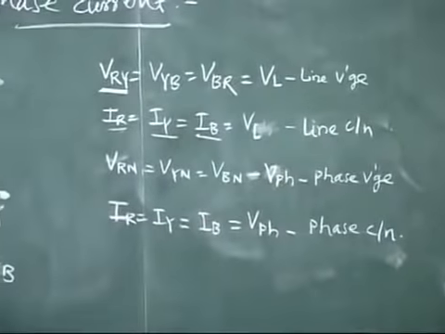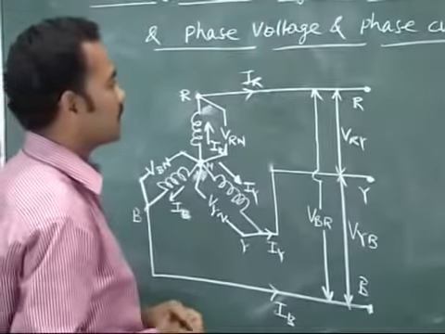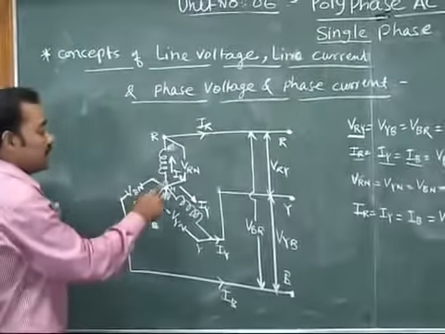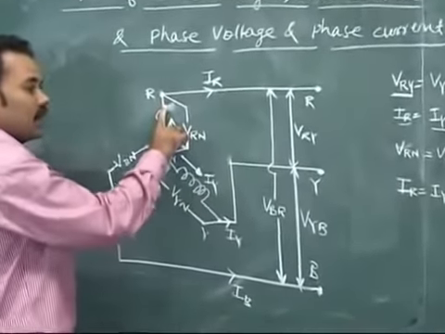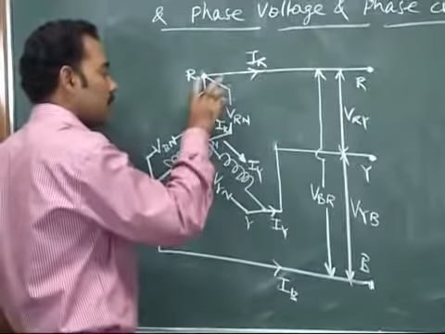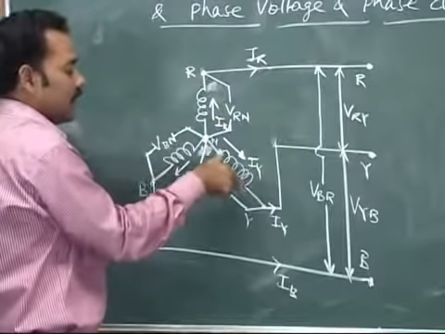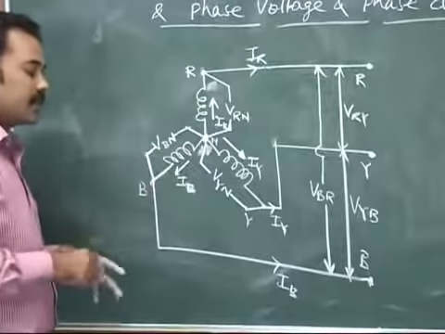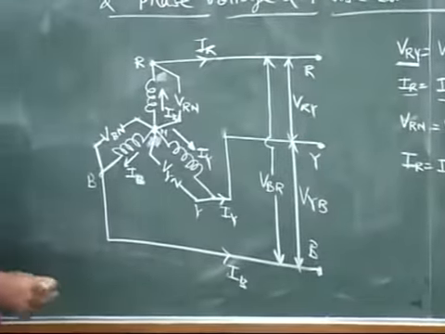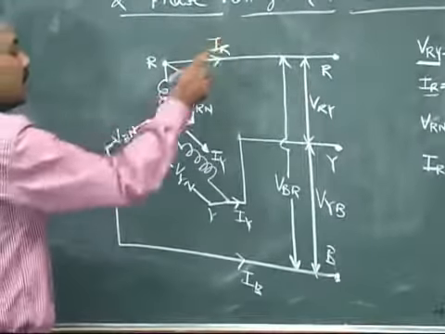So phase voltage is the voltage across the branch of each phase. The phase current is the current flowing through the individual phase. That means the current flowing through phase R only, and likewise through the individual phases Y and B, is called the phase current. Here in the star configuration, we can see that the line current and the phase current are the same.